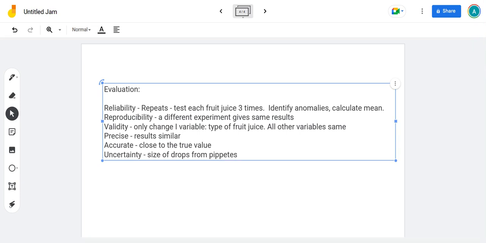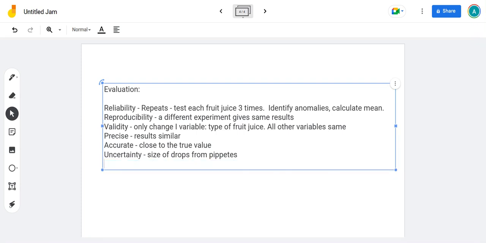Now, alternatively, if we'd used a burette and we'd measured the actual volume that we were adding, it would be half the smallest measurement on the burette. But actually we just used a pipette drop, so it's the size of the drops from the pipettes. We can't really measure that.